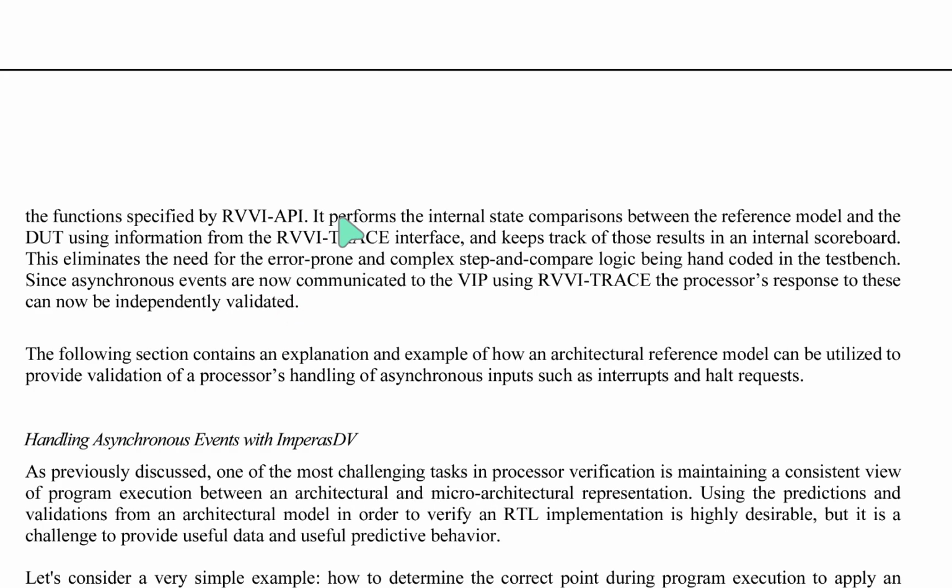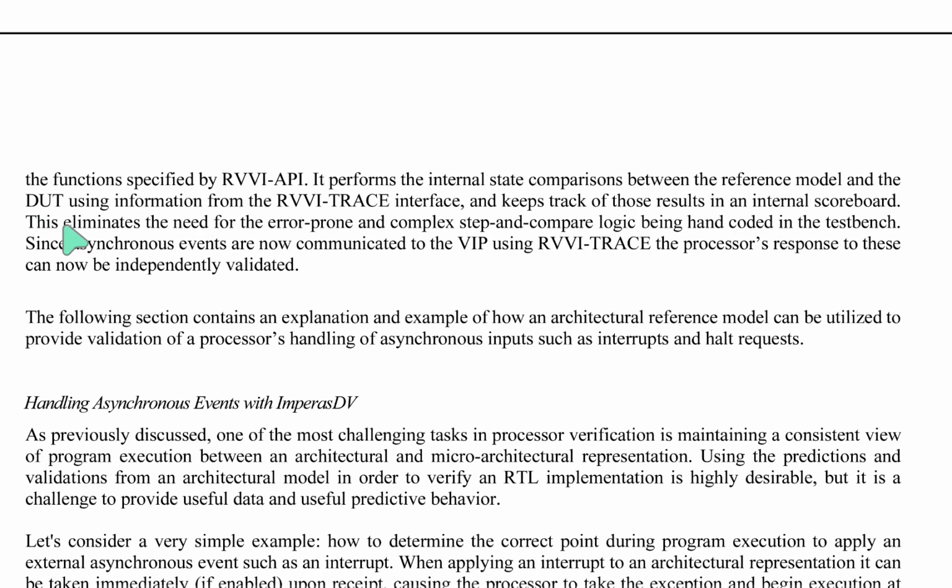It performs the internal state comparisons between the reference model and the DUT using information from the RVVI-TRACE interface and keeps track of those results in an internal scoreboard. So this eliminates the need for error-prone and complex step-and-compare logic being hand-coded in the testbench. Since these asynchronous events are now communicated to the VIP using RVVI-TRACE, the processor responses to these can now be independently validated.